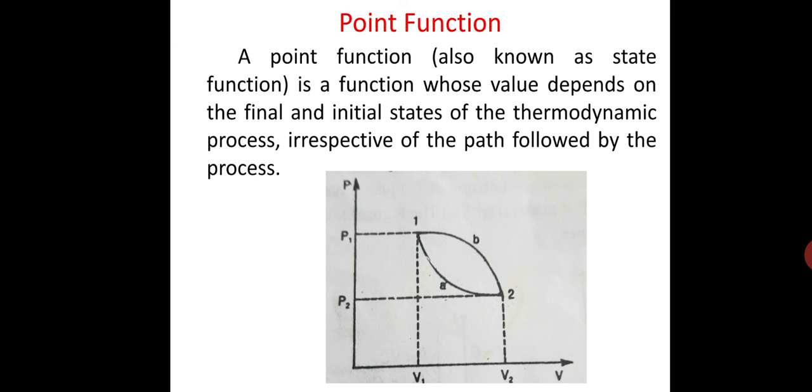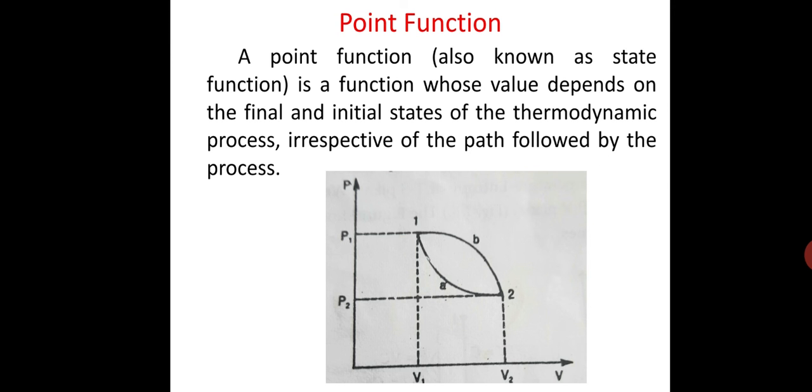On this plane, let two properties P1, V1 define a point 1. This is known as the state function because it defines a state of the system. The properties therefore are called the state function or point function. The properties temperature and pressure will define the state function on the PT plane. Let P2 and V2 define a state point 2 on the PV plane.